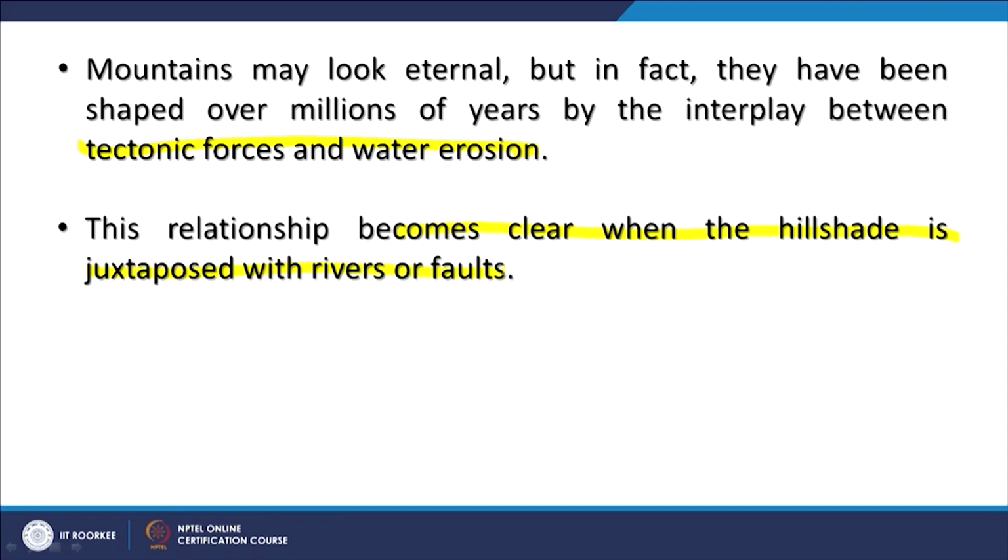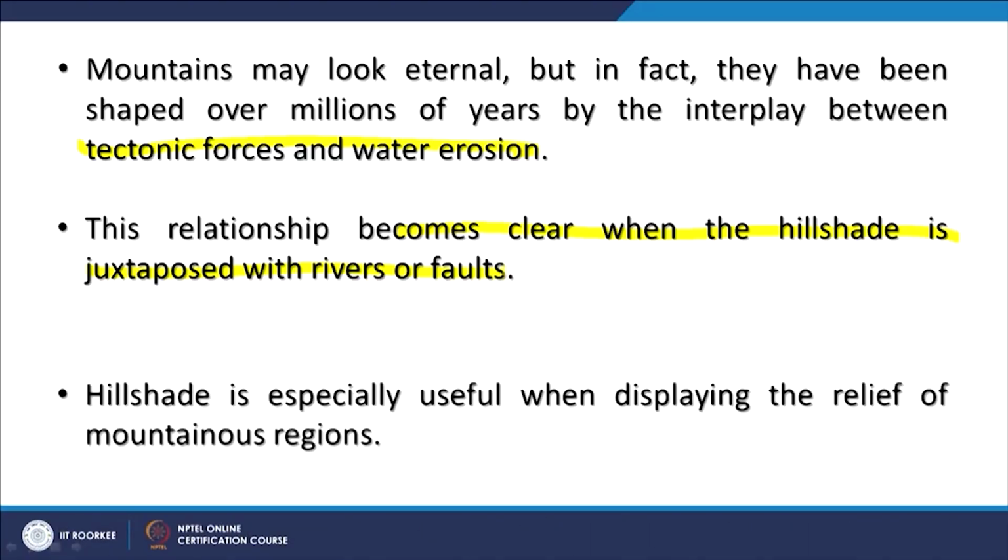That is why I was saying that for presentations, if possible, bring a hillside in the background and then plot your data. It would be more interesting, more convincing, and the audience can immediately feel what the ruggedness of the terrain is.